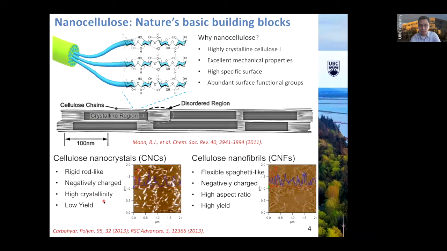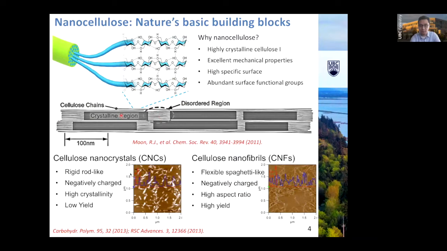If we look at the elementary fibers, we see alternating crystalline regions as well as amorphous regions, or we call it disordered regions. By using different ways, we can get two types of nanocellulose. One is the cellulose nanocrystal, where we remove the disordered region by strong acid hydrolysis, leaving the crystalline region.